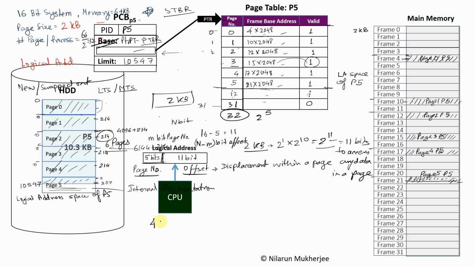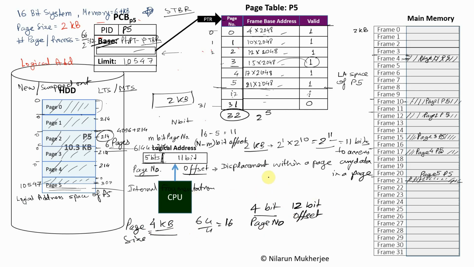If my page is 4 KB, then how many pages? 64 by 4, 16 pages. Then how many bits are required for page numbering? 2 to the power of 4. So 4-bit page number and 12-bit offset if page size is 4 KB.